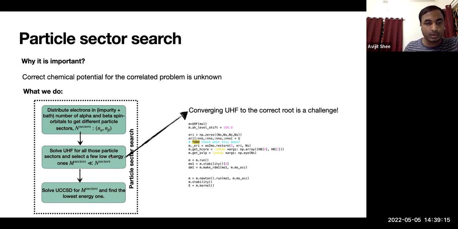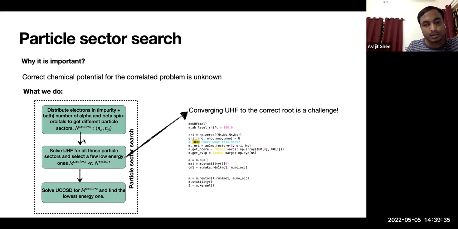So for that, what we do is that we have a given number of impurity plus bath orbitals, and our approach is unrestricted, and we try to populate all these orbitals by electrons.